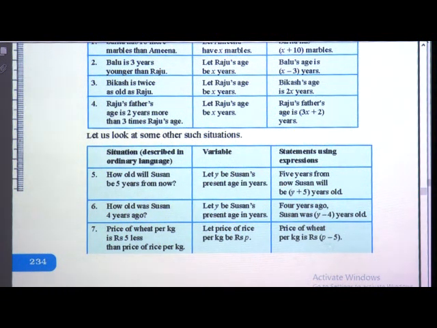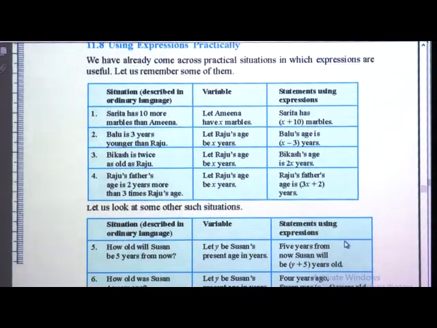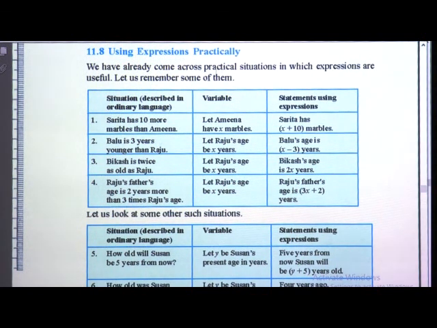So the expression becomes P minus 5, where P is the price of rice per kg, and the price of wheat is rupees 5 less than the price of rice. So P minus 5 is the expression. These are a few situations where the situation is given and we need to use a variable and find the expression.